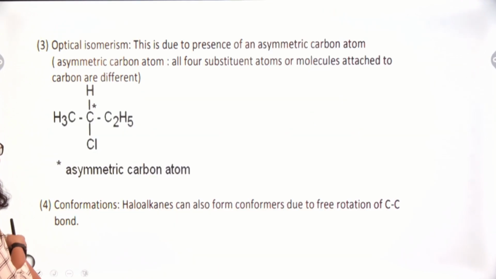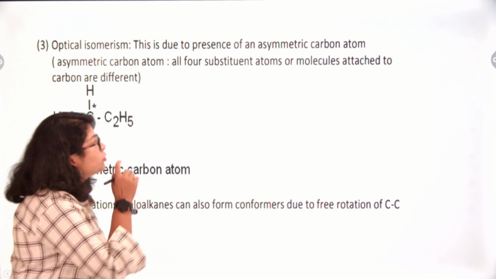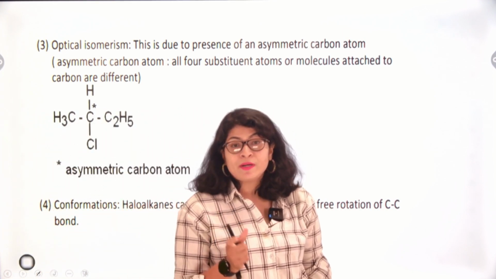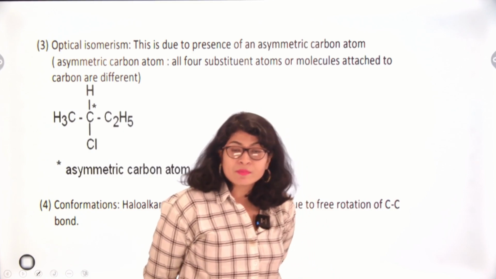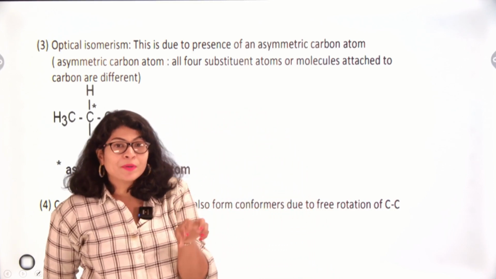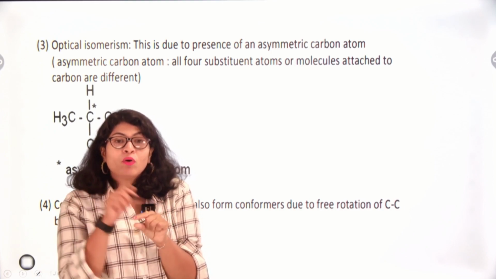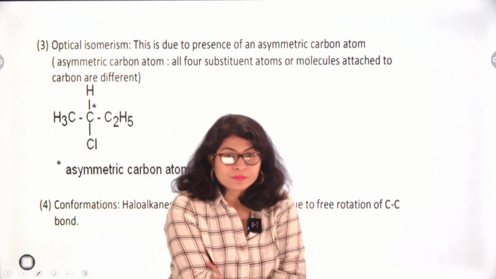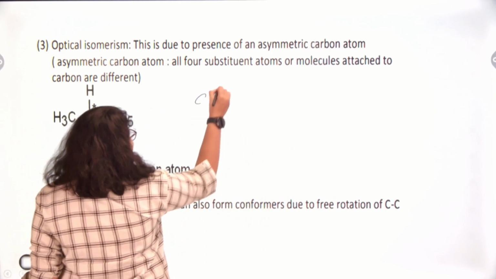Now here there is optical isomerism. What is optical isomerism? Optical isomerism is basically due to the presence of an asymmetric carbon. What do you mean by asymmetric carbon? It means a carbon which is attached to 4 different groups. We call it a chiral carbon.